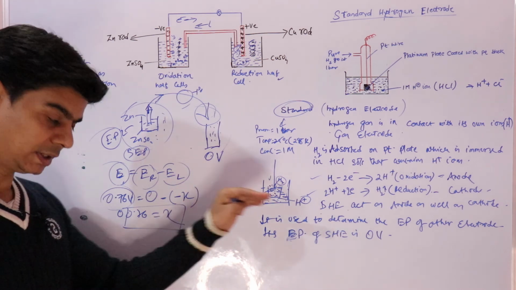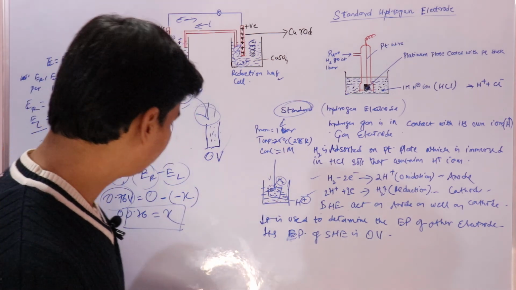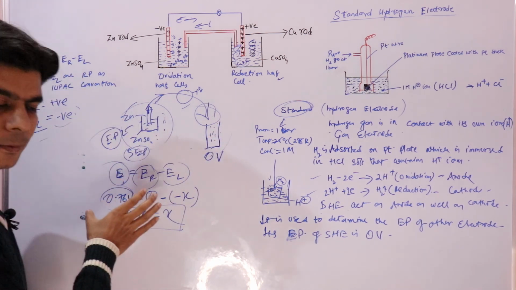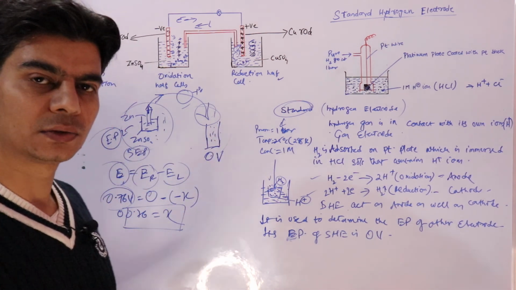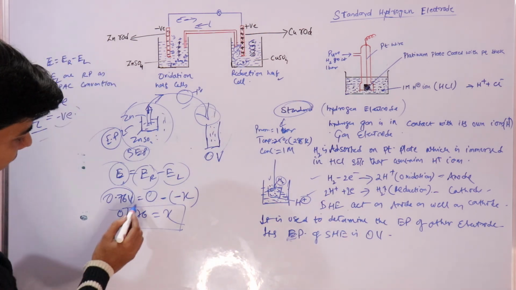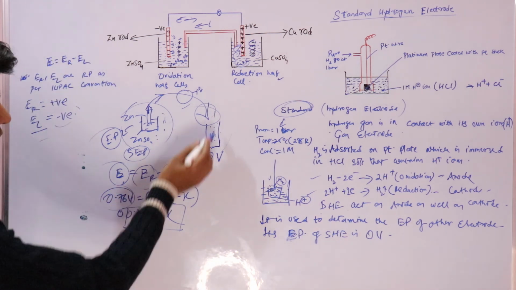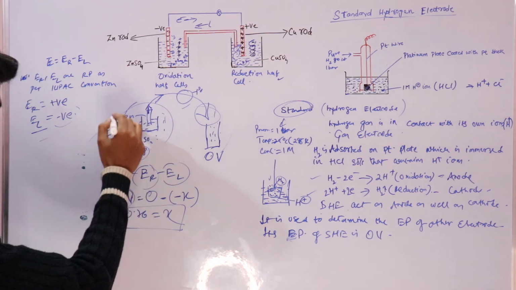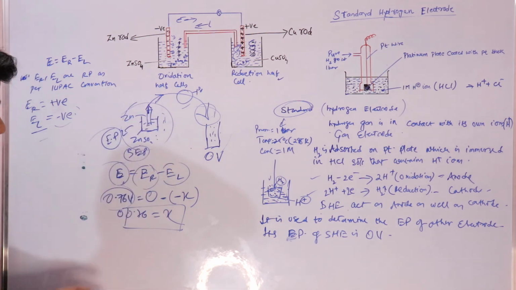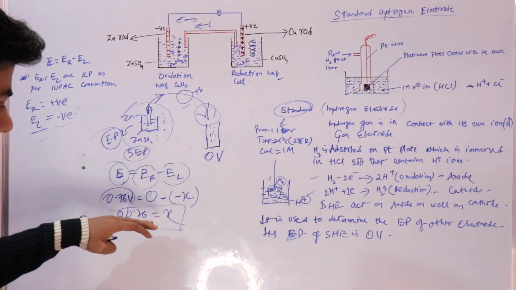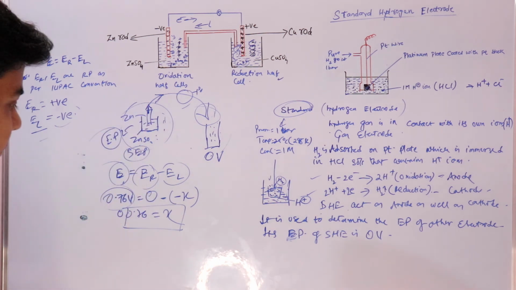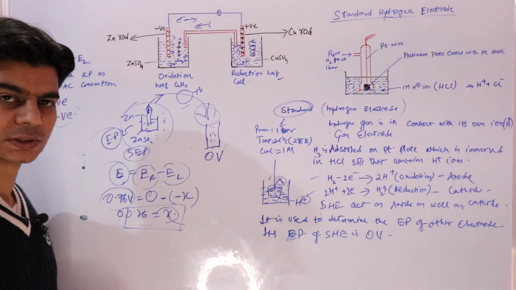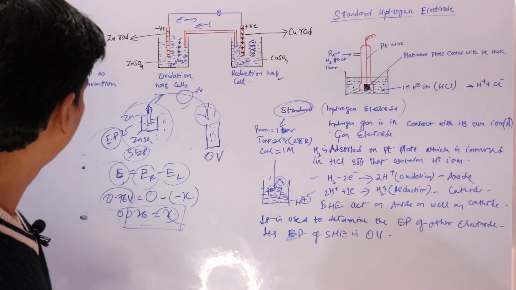So this proves what I said at the beginning, that when we couple SHE with the other electrode for which we are trying to find the electrode potential, the EMF of the cell formed would be the electrode potential of the other electrode. So X would be 0.76, right?